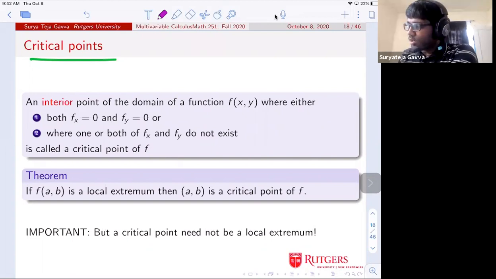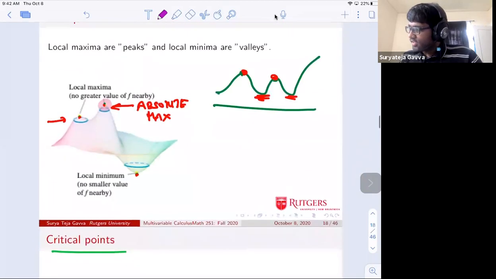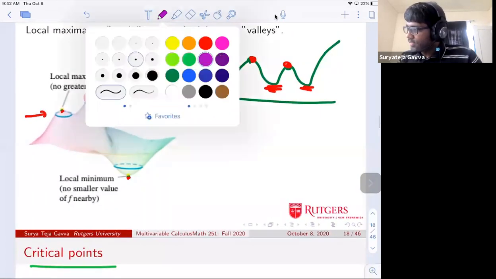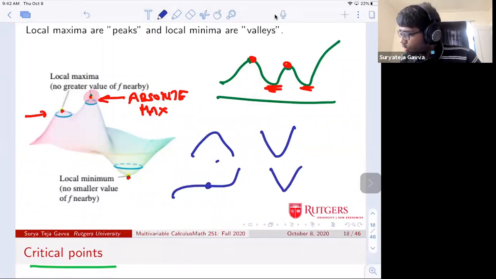Good. So critical points are points where either the derivatives are zero. This could be a max or it could be a min, or it could be something like an inflection point where the derivative is zero, or it could be something like this, right? So this is a max, this is a min, this is neither.